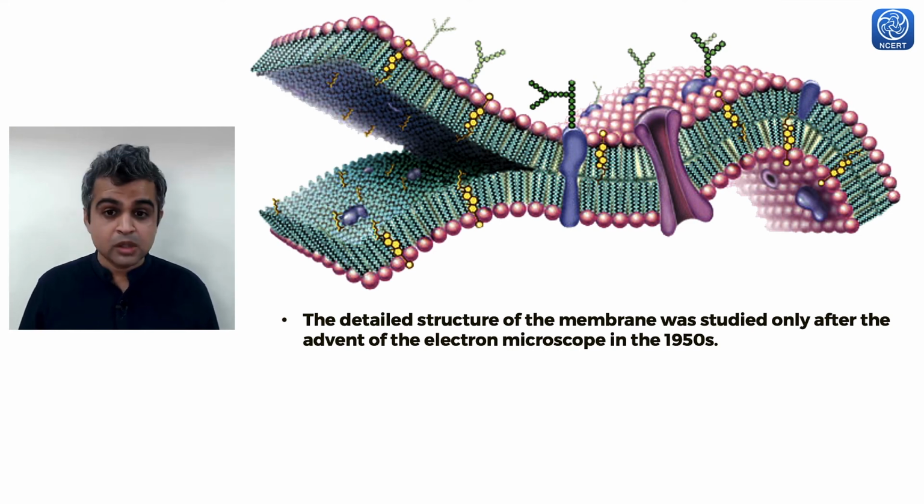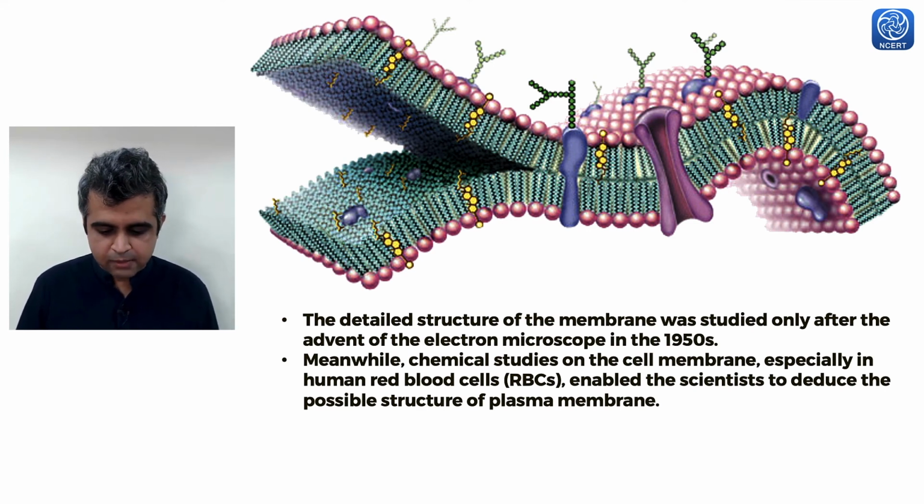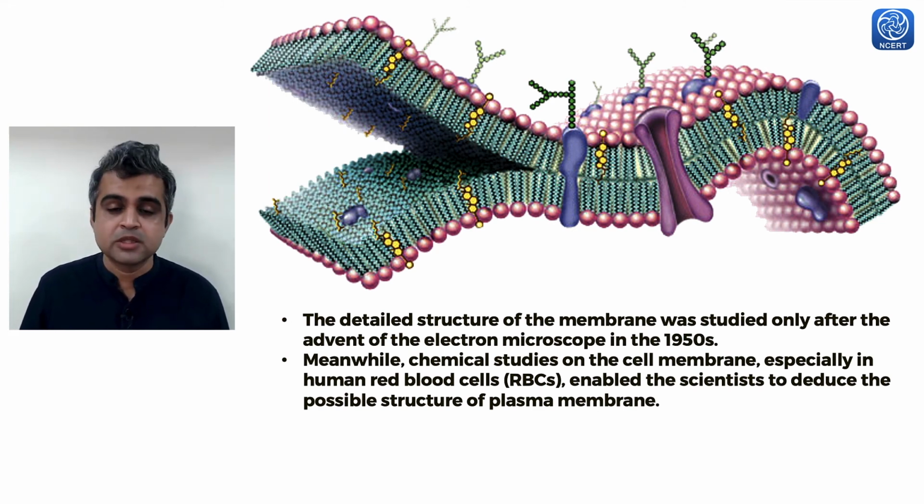So we knew the chemistry of the membrane, and that was basically because of the RBCs, mammalian RBCs. So chemical studies on cell membrane, especially in human red blood cells, enabled scientists to deduce the possible structure of the plasma membrane. So 1950s में chemistry भी आगे बढ़ रहा था, microscopy भी आगे बढ़ रहा था.